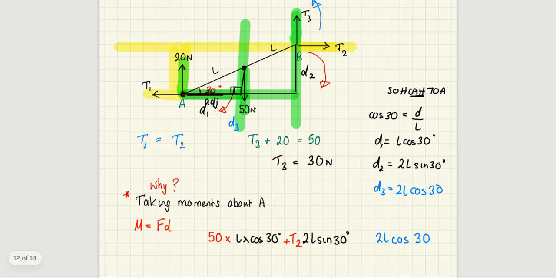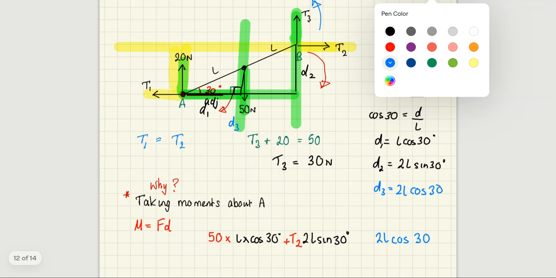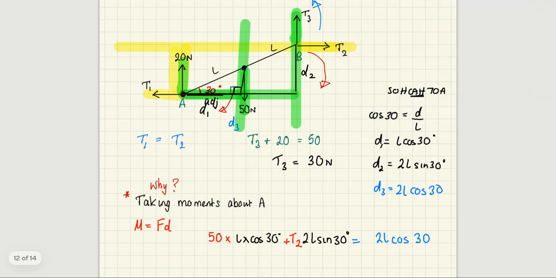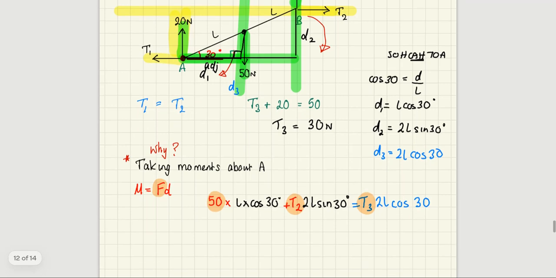And then the equals, this one was going the other way, so it's the force T3 times 2L cos 30. So force times distance. The forces are the 50, the T2 and the T3. But we actually already know one of those things, which is T3.